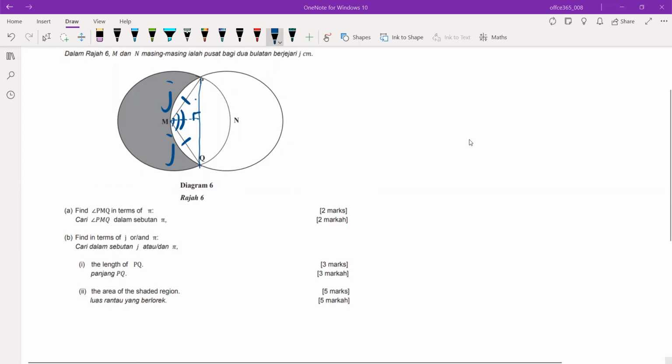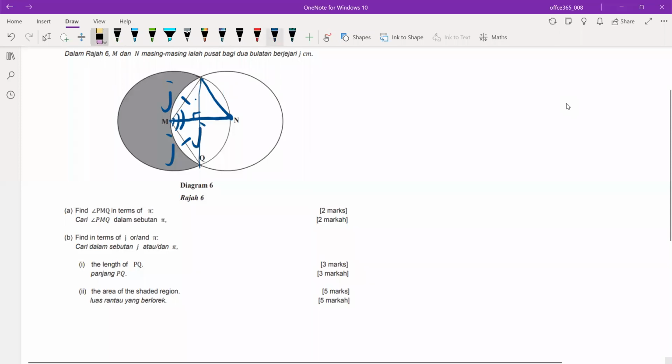NN equals J. Very good. Because it's the radius. This one also J. NN is also J, because it's like half, they share.